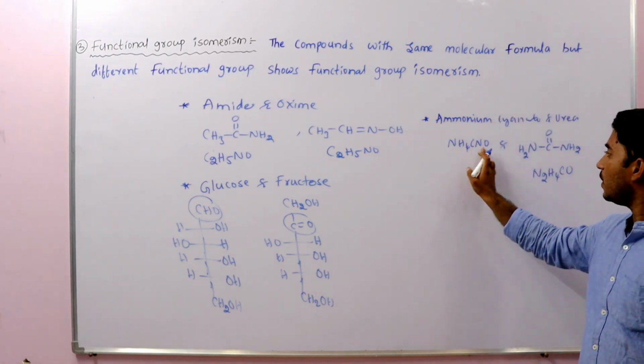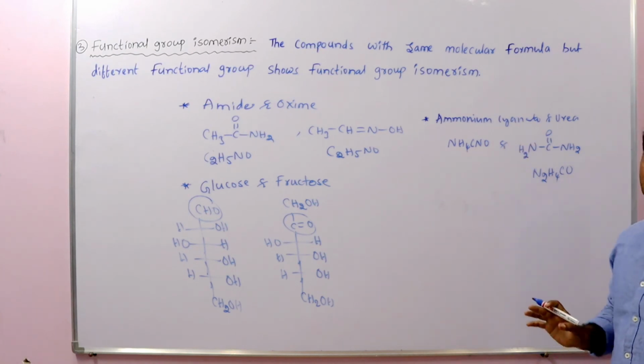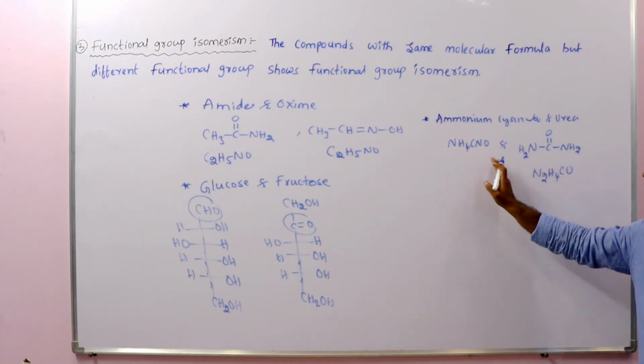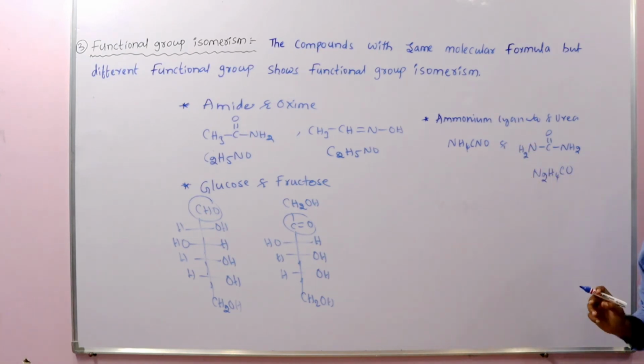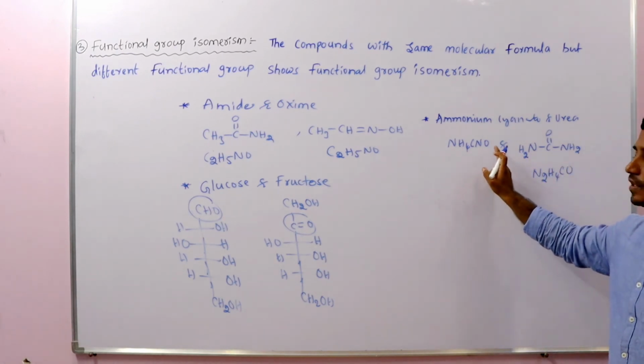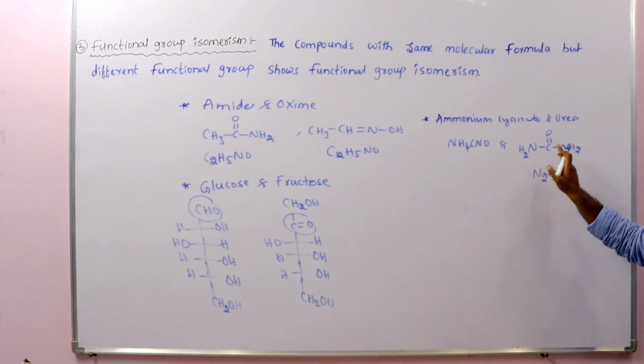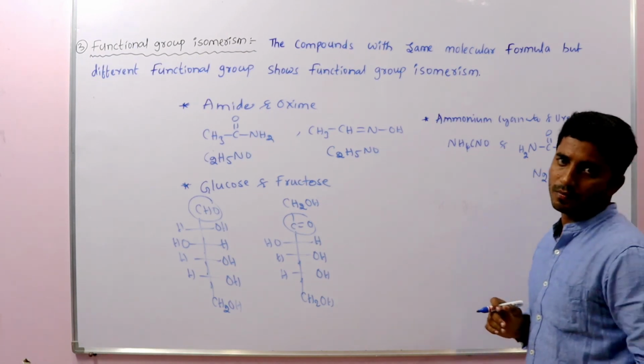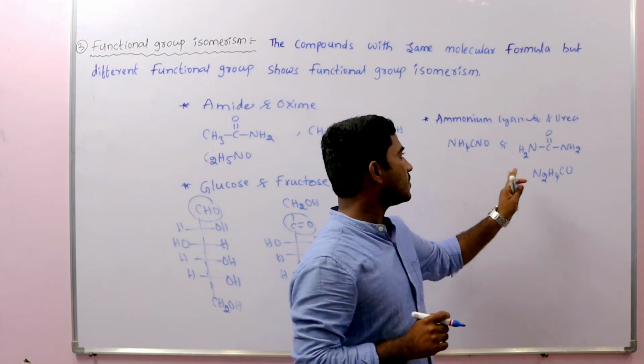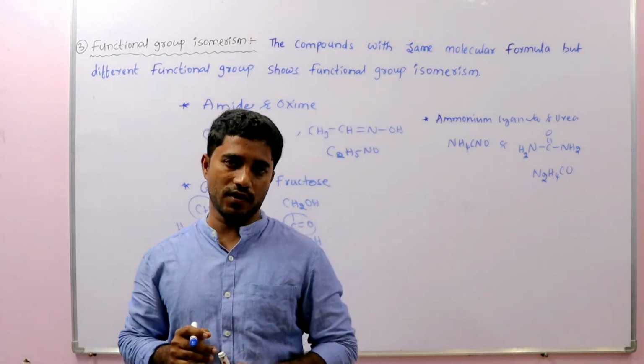Here also N2H4CO. That's why these two molecules contain the same molecular formula but the functional groups are different. Here the functional group in ammonium cyanate is cyanate, and in urea the functional group is amide. That's why these two also come under functional group isomers.